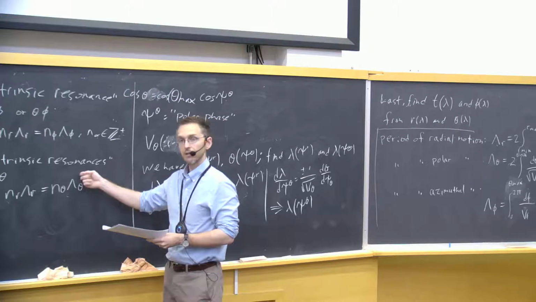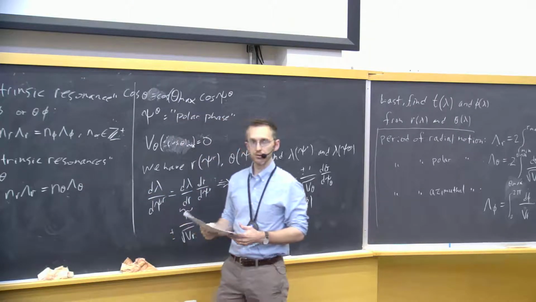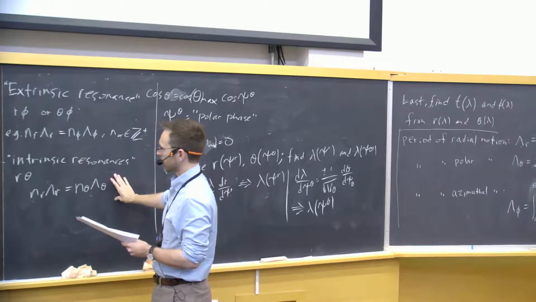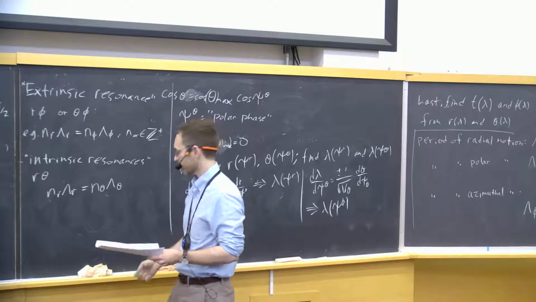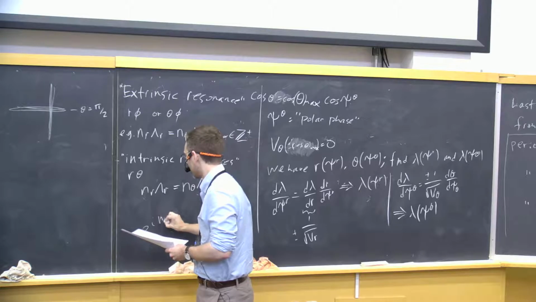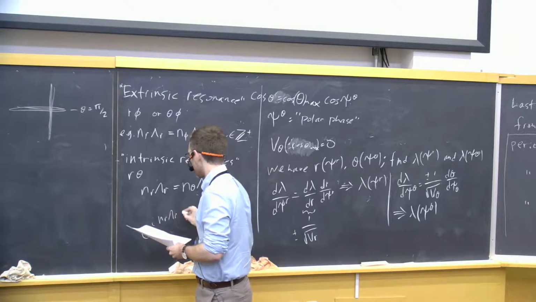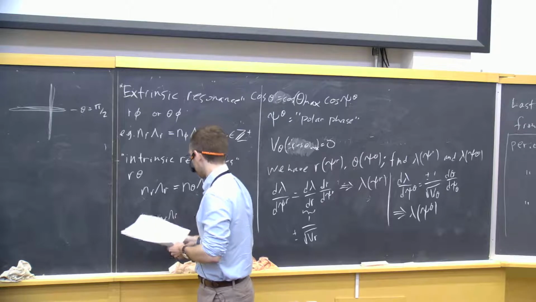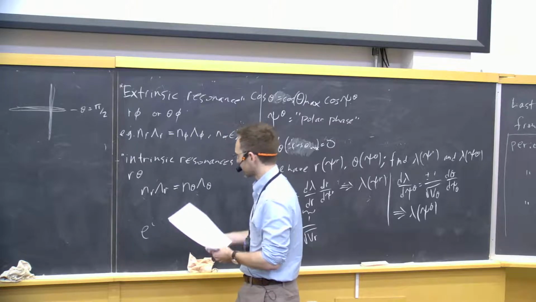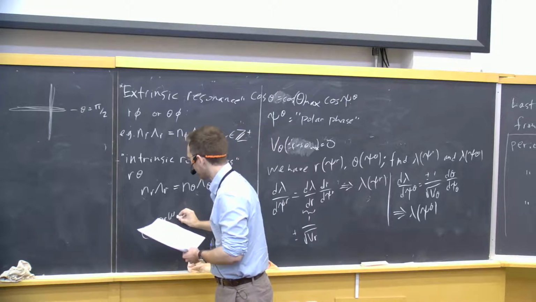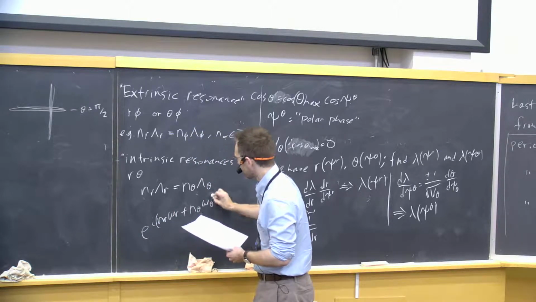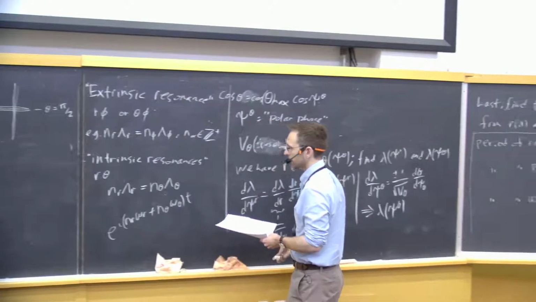This has a very significant impact on the evolution of an orbit, because things that would normally be oscillatory in the dynamics, so you have e to the i n r lambda r, with frequencies here instead, n r omega r and n theta omega theta times t.